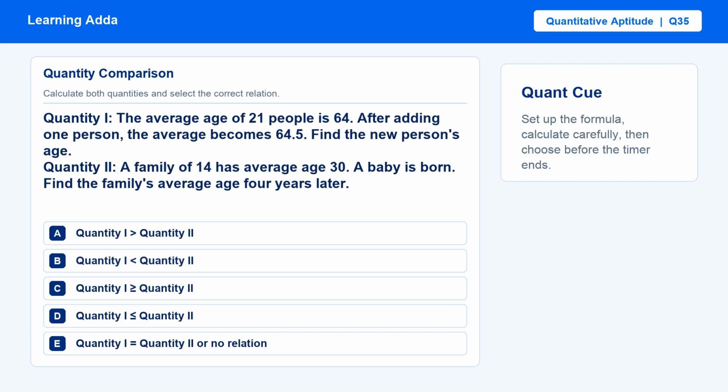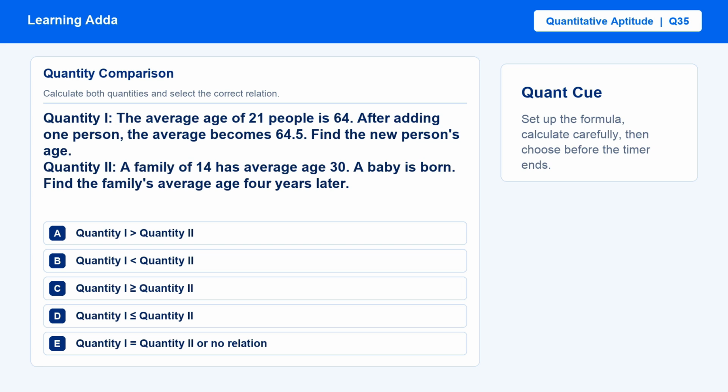Question 35. Quantity 1 is: the average age of 21 people is 64. After adding 1 person, the average becomes 64.5. Find the new person's age. Quantity 2 is: a family of 14 has average age 30. A baby is born. Find the family's average age 4 years later.